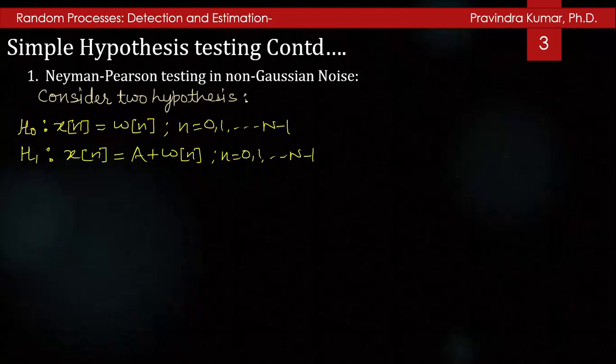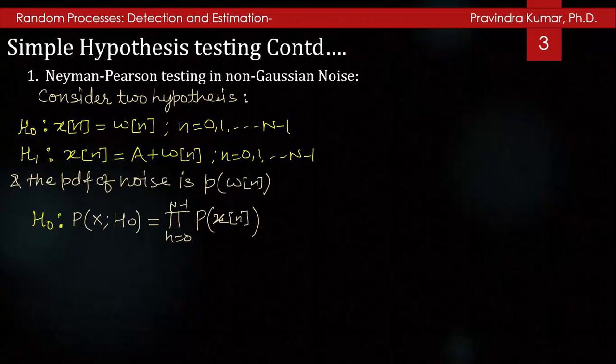This is the example of a DC level in non-Gaussian noise, and the PDF of the noise ω[n] is the product over n = 0 to N-1 of p(ω[n]). The PDF of x[n] under hypothesis H0 is the product of p(x[n]), and under hypothesis H1 the PDF is the product of p(x[n] - A).